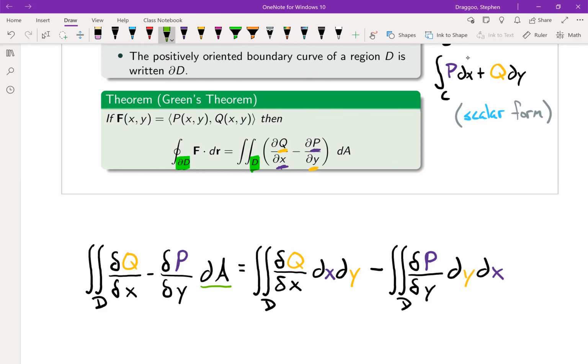I'm going to write it in a different order for each of the two integral pieces. Since if I have the Q partial x, I want to integrate that first with respect to x, so I can get this back to Q in terms of y. In the end, my goal is to have just one color in each of these two integrals: yellow for the y part and purple for the x part.